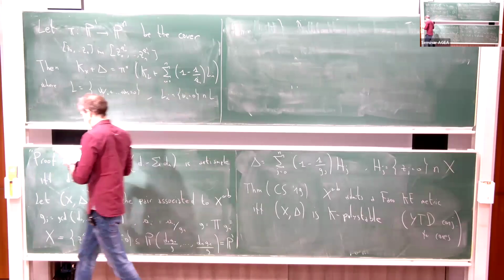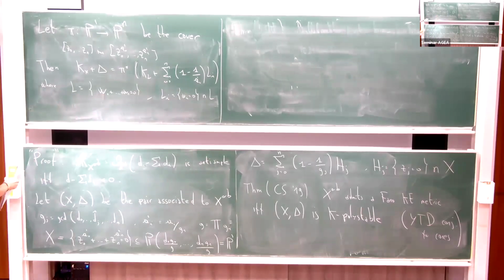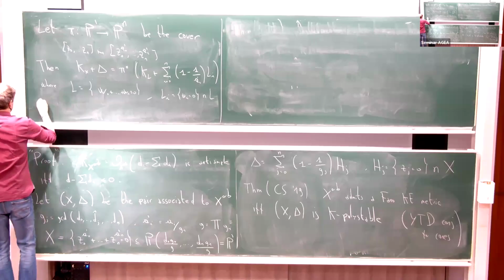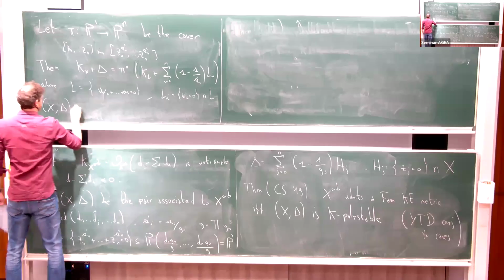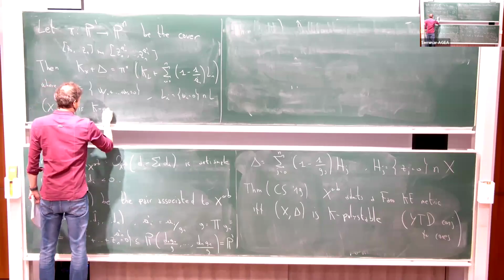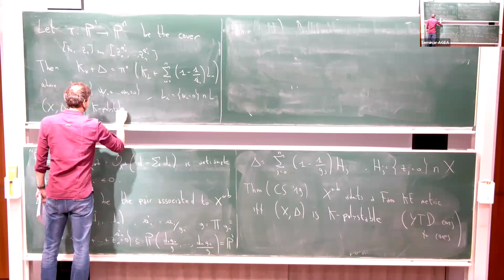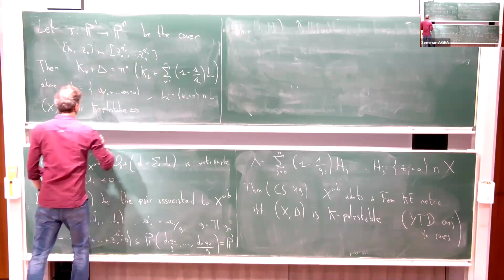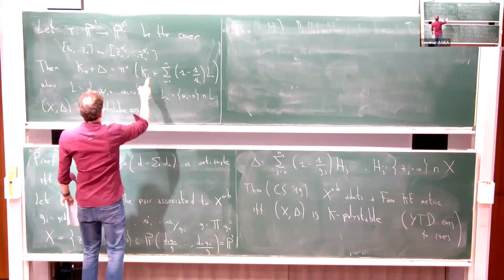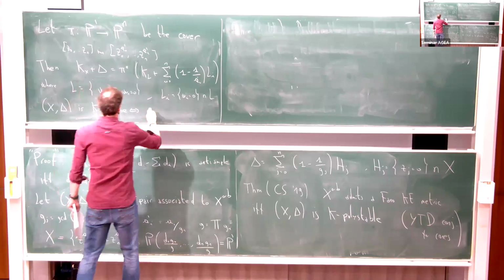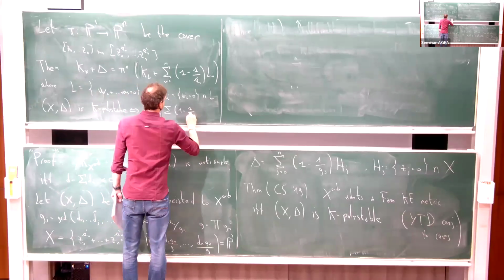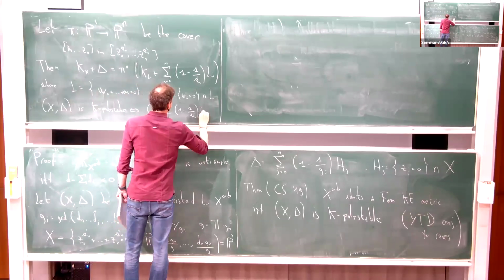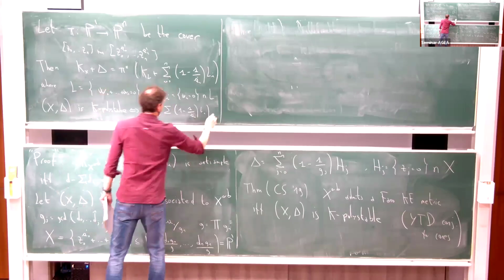Okay, so this is a simple observation, but it helps a lot because now there are results that tell you that X delta is K-Pauli stable if and only if the pair downstairs, so L and this guy here, is K-Pauli stable.